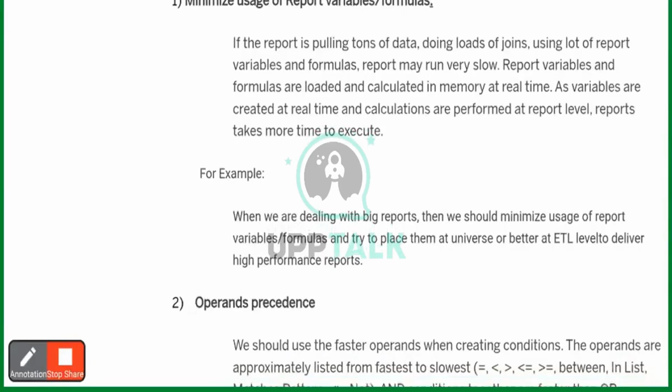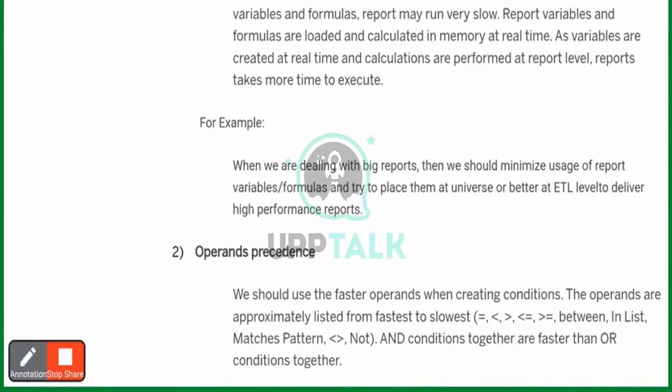So when we are dealing with big reports, we should minimize usage of report variables and formulas. Try to place them at the universe level, or better at the ETL level, to deliver high performance reports. We know these formulas are definitely required, but they take a long time to execute in the report.